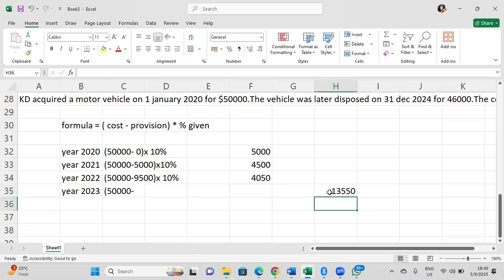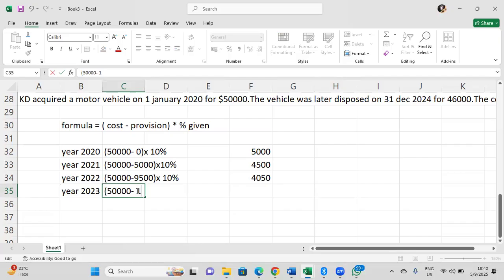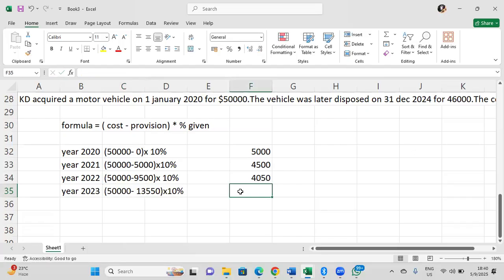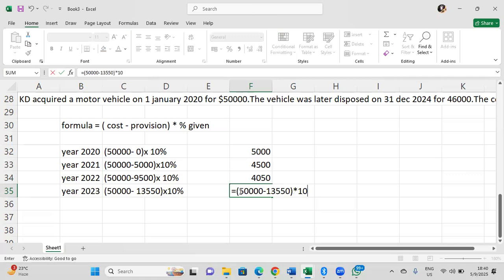So the new total is 13,550. So that would be 50,000 minus 13,550 times 10%.